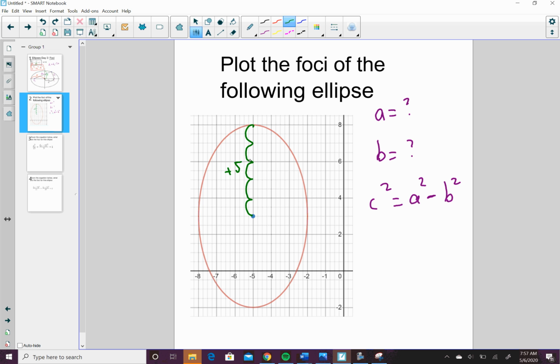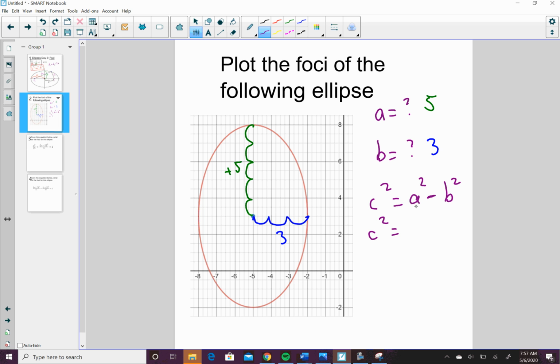That's 5. And so a is 5. And b is going to be my horizontal distance, which is 1, 2, 3. Okay.